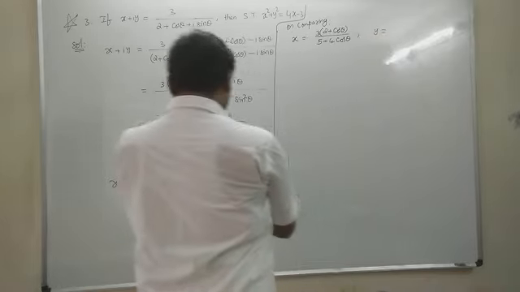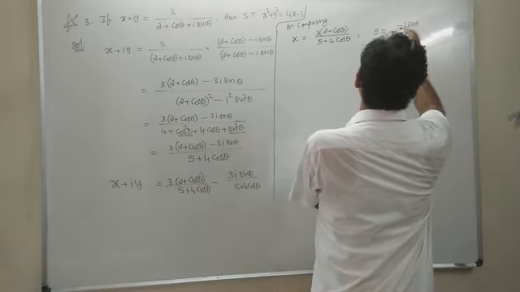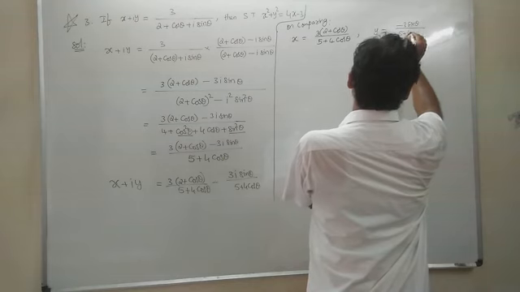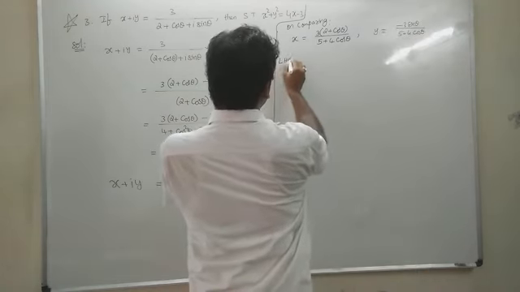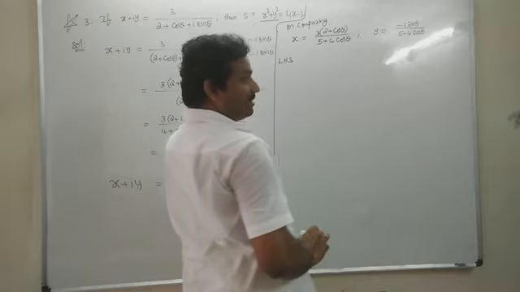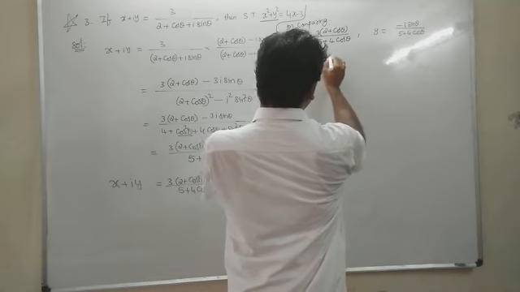y equals minus 3 sin theta by 5 plus 4 cos theta. Now consider LHS. What is the LHS equal to? x square plus y square.